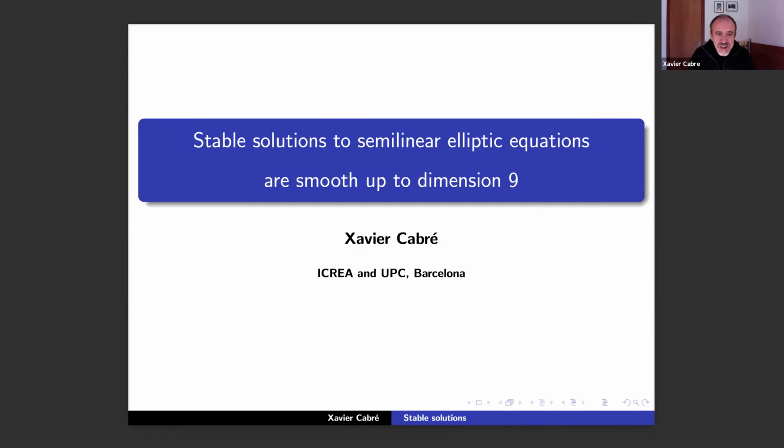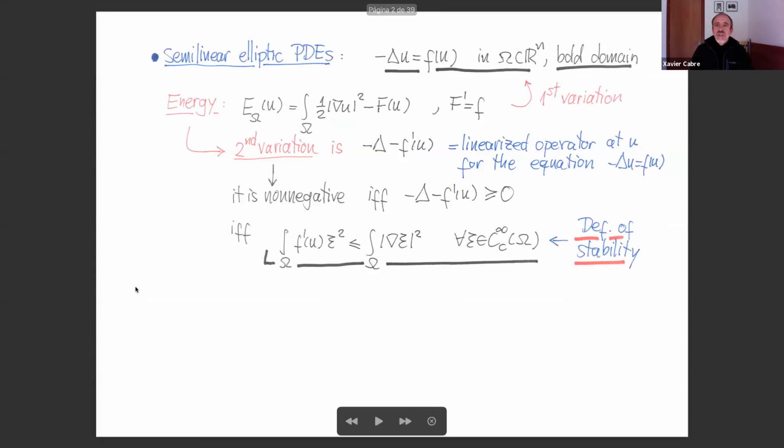You can also find it on arXiv, of course. It's about the regularity of stable solutions to reaction diffusion equations, or semilinear elliptic equations, and they turn out to be regular, smooth, up to dimension 9, as the title says. So let me explain the story and the result.